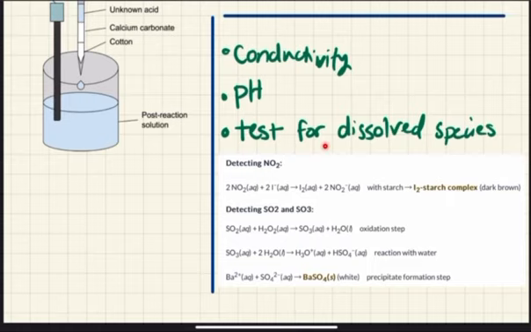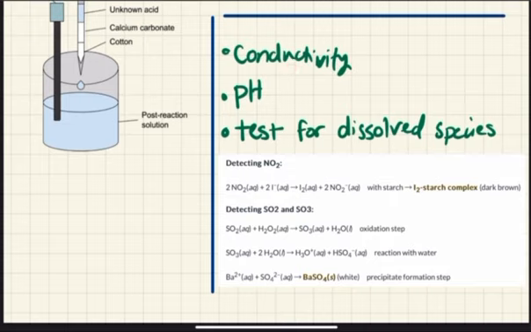And the last thing we'll talk about in a moment is the tests you'll conduct to find which dissolved gas species are present. But there's also a part of the experiment where you will specifically investigate the relationship between conductivity and pH.